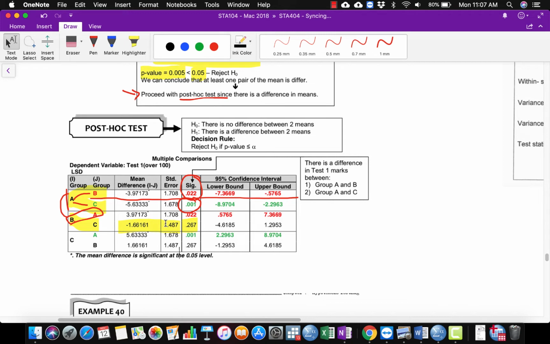So we can conclude that there is no difference of mean between group B and group C, right?